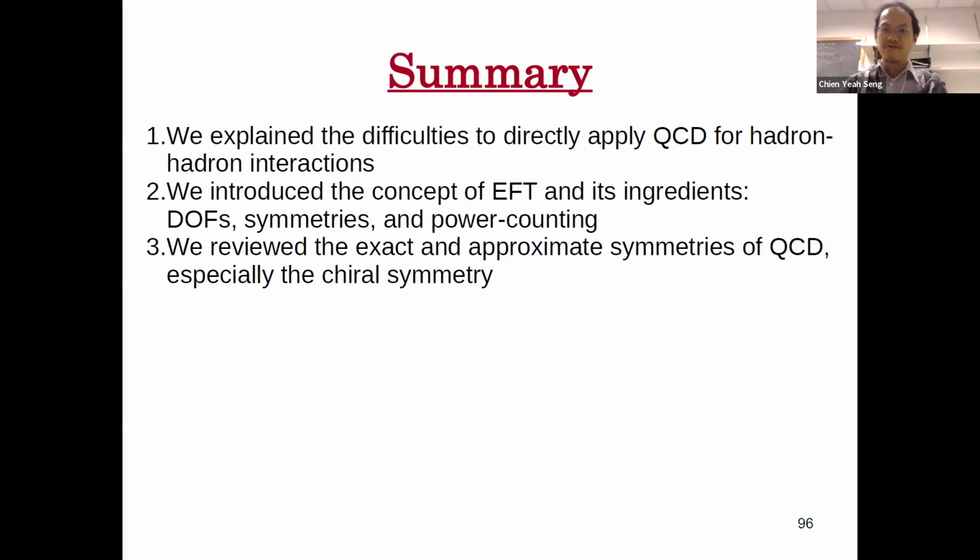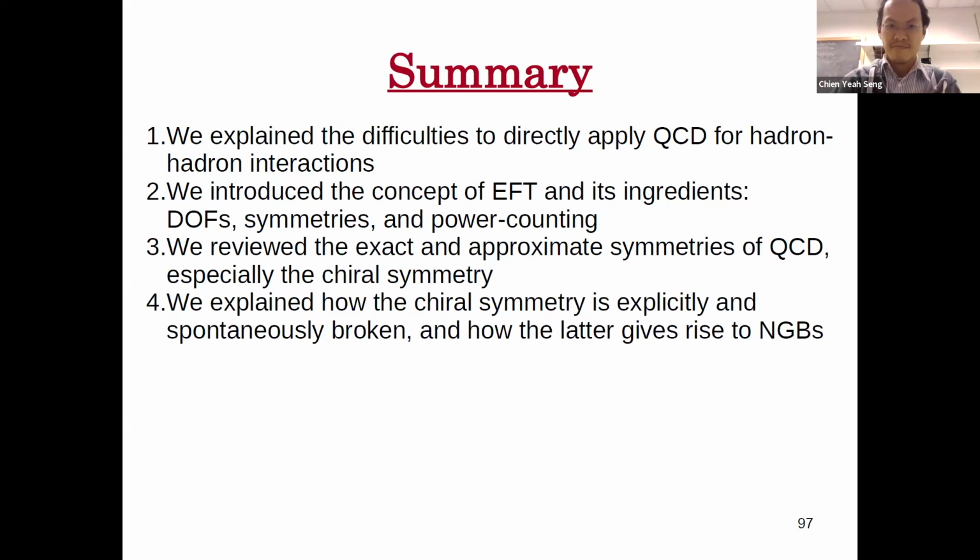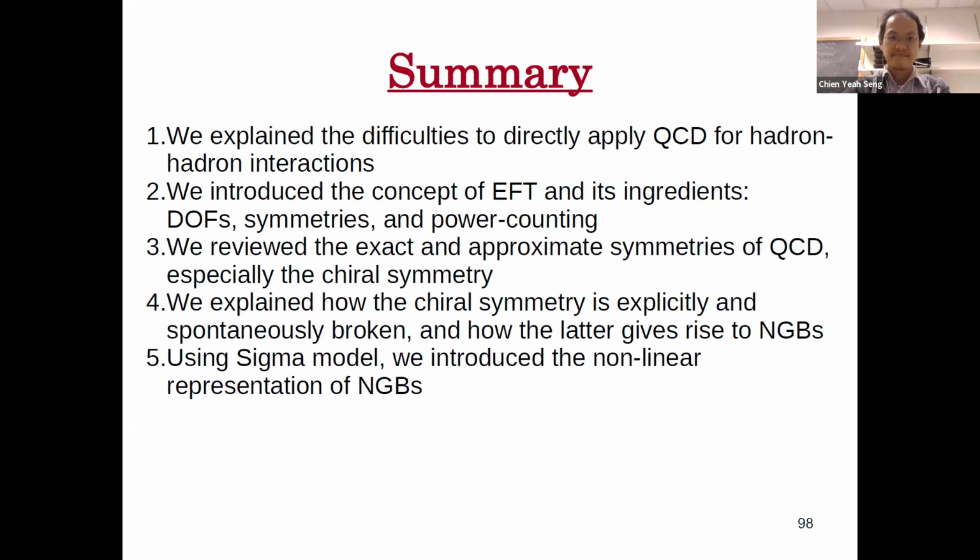And then we reviewed the exact and approximate symmetries of QCD, especially the chiral symmetry. And we explained how the chiral symmetry is explicitly and spontaneously broken. And the spontaneous breaking of chiral symmetry gives rise to the Nambu-Goldstone boson.